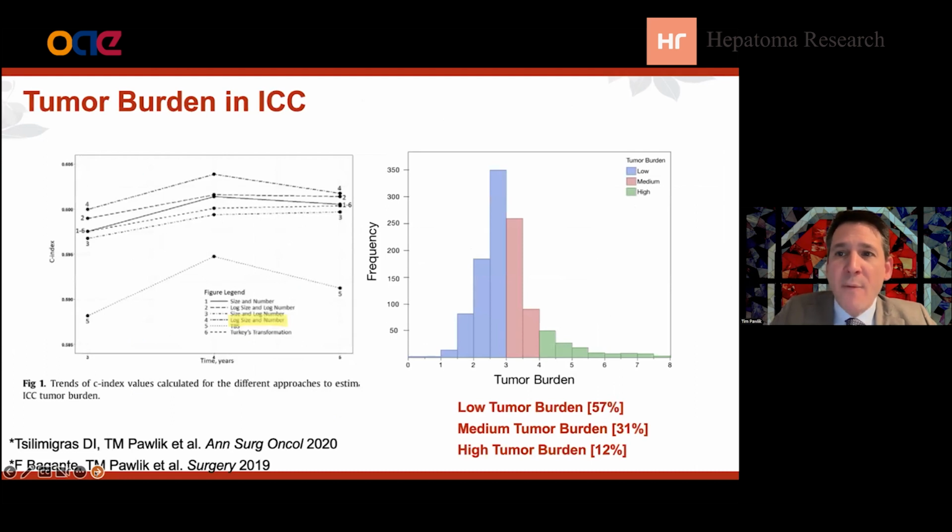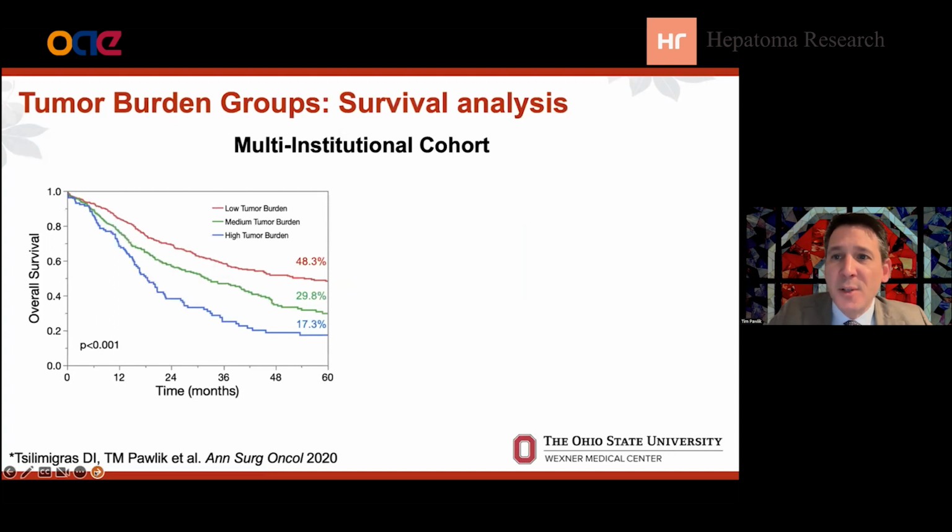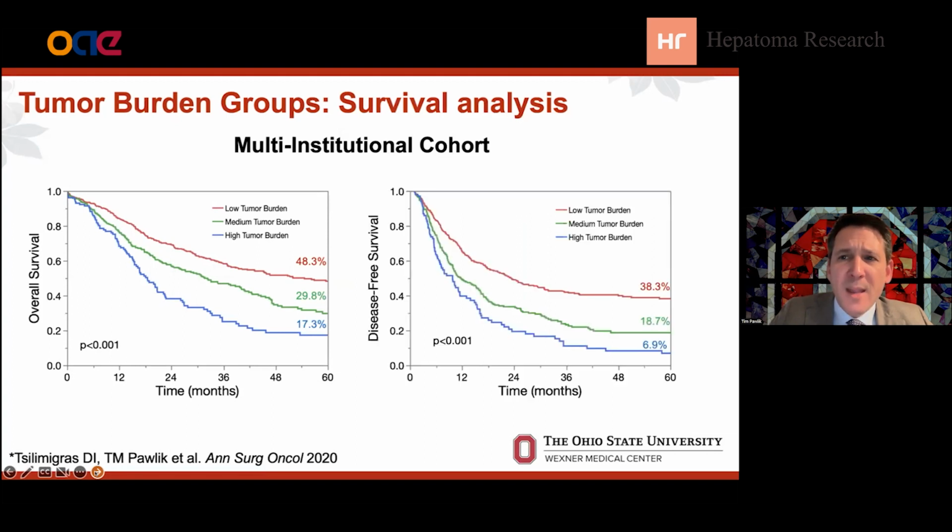More recently, however, our group and others have been interested in trying to assess overall tumor burden, not only based on the pathologic specimen, but also preoperatively, to help risk stratify patients with regard to long-term prognosis. And using the Pythagorean theorem, we have proposed a simple composite score of one number to assess the overall burden of disease in the liver that assesses not only the overall number of tumors, but also the size of those tumors.